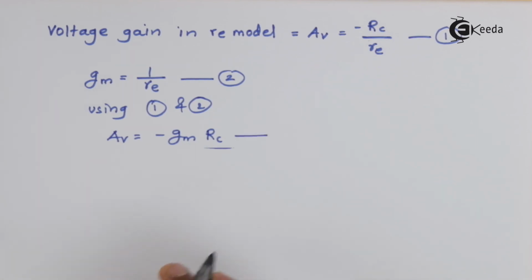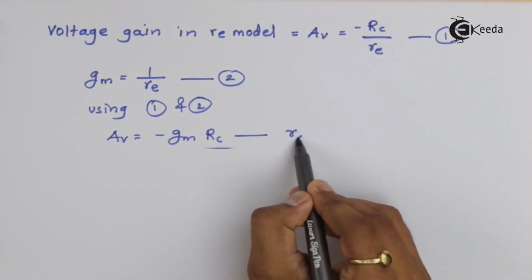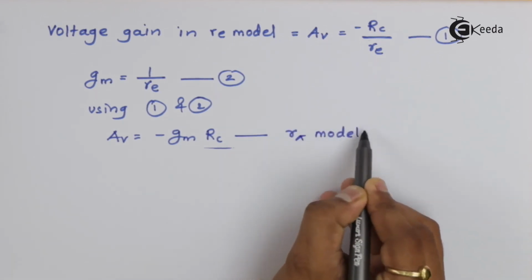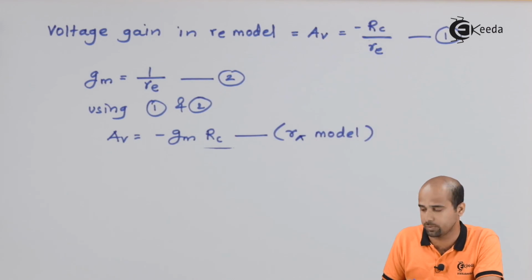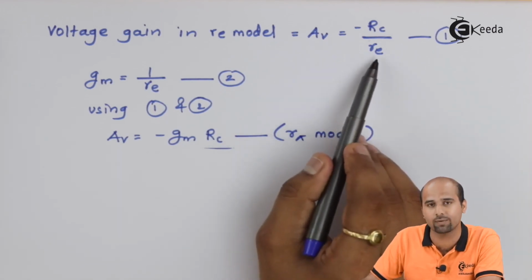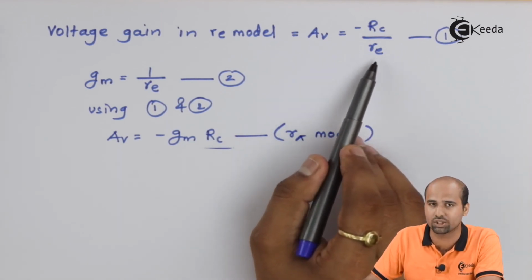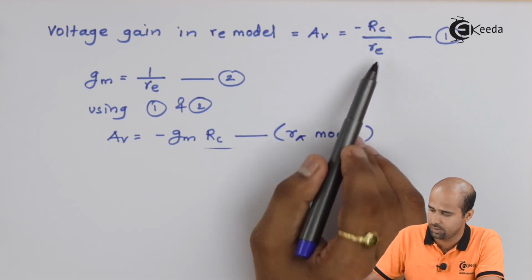Now if I want to convert that voltage gain into the H parameter model, this is of the r pi model. If I want to convert to the H parameter model, that means I want to convert re into H parameters.